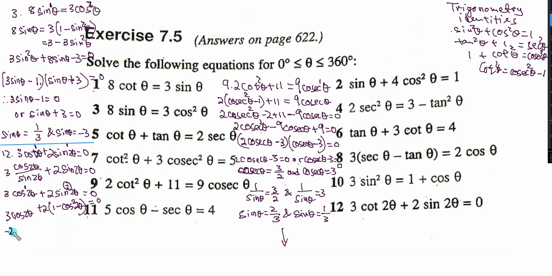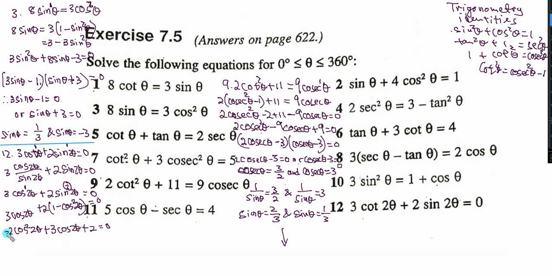So you got a minus 2 cosine squared 2 theta, basically 2 times this, and then plus 3 cosine 2 theta plus 2 equal to 0.